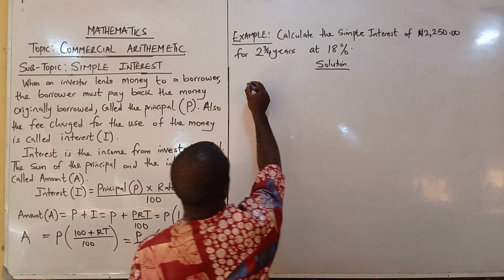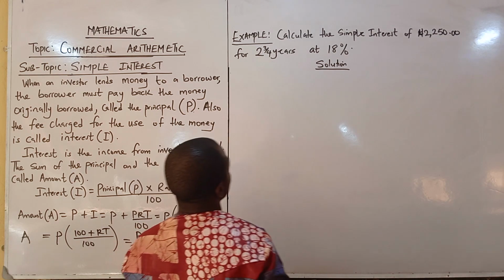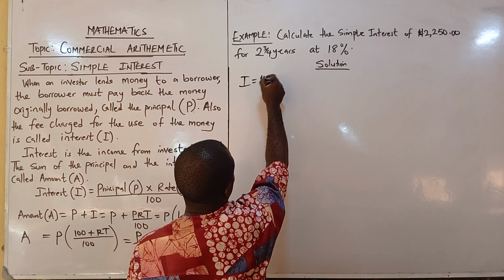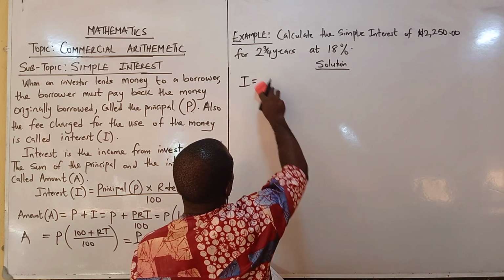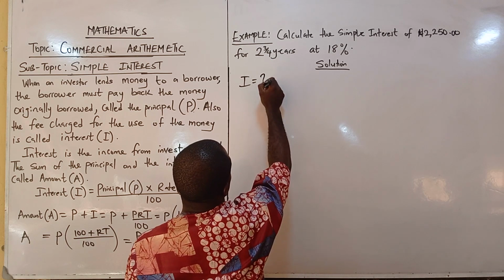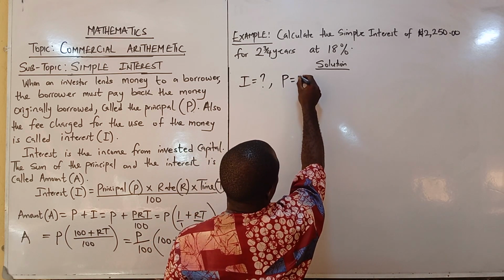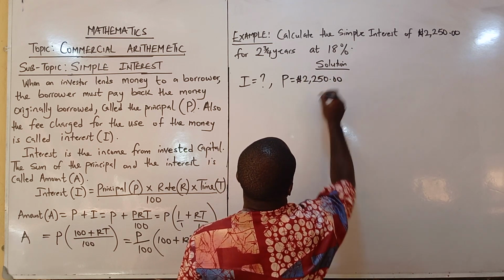Calculate the simple interest. Use I to represent simple interest, as the unknown. The principal is 2,250 naira.